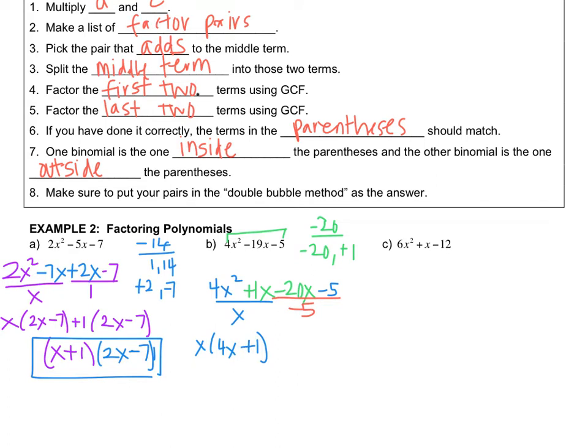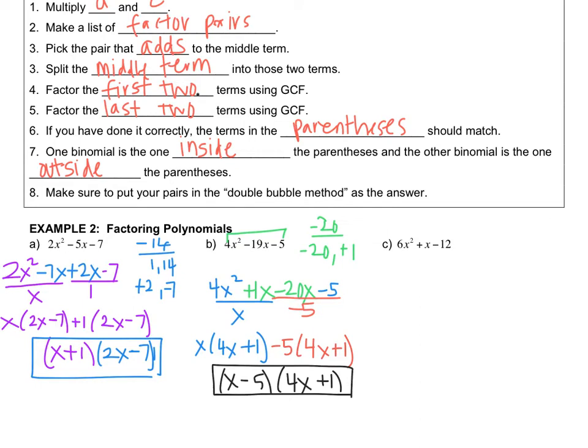So if you want to write that down, I would definitely encourage you to do that. So I get minus 5, and then when I factor that out, I get positive 4x plus 1. So you see, if they didn't match, then I'd have to do it again, but they do. So the final answer is x minus 5 times 4x plus 1.